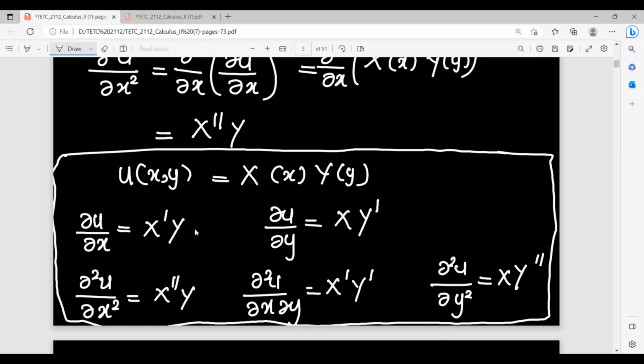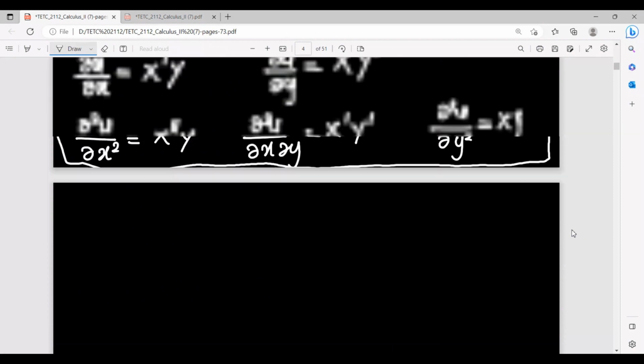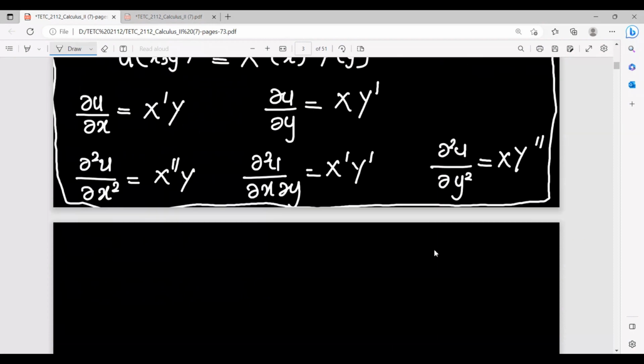Okay, so now we are going to solve problems using the variable separation method. So I will consider a problem. Let's consider this example. We are going to solve the problem ∂u/∂x equals ∂u/∂y by using the variable separation method.